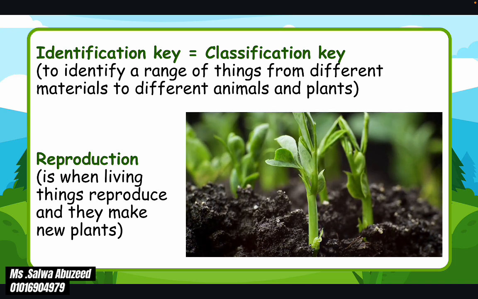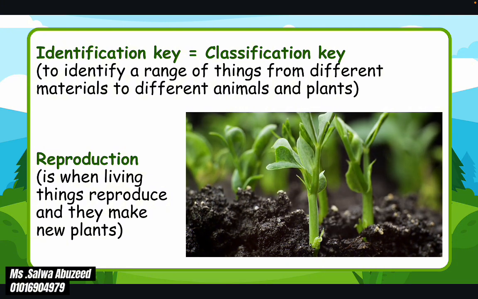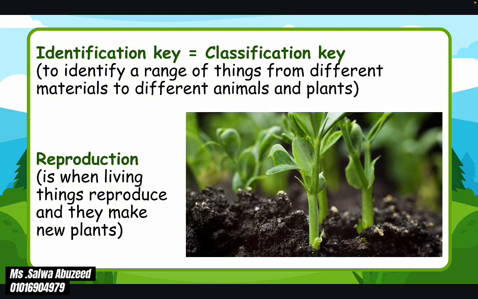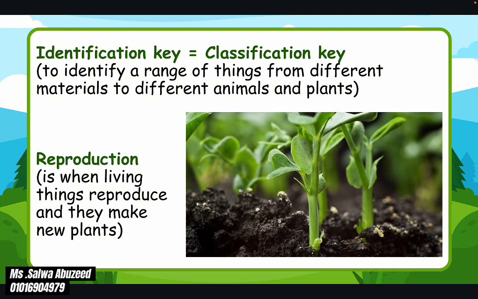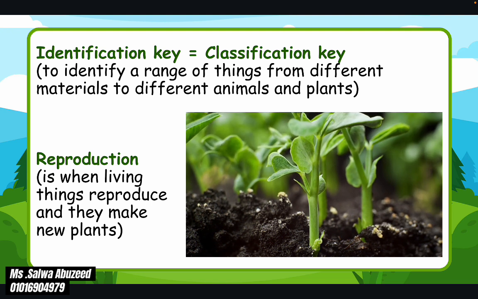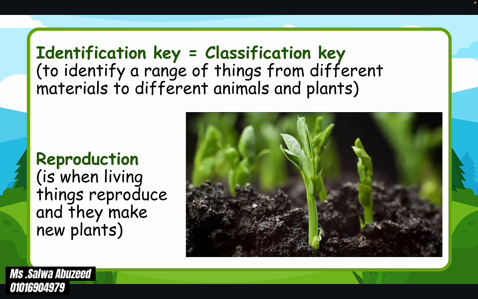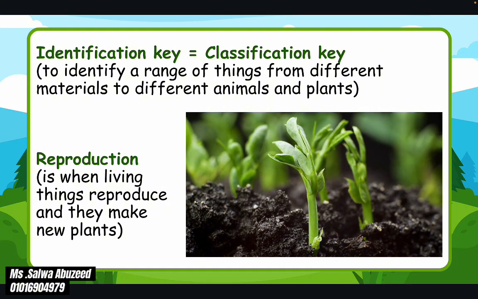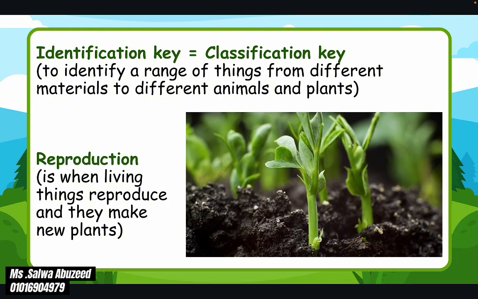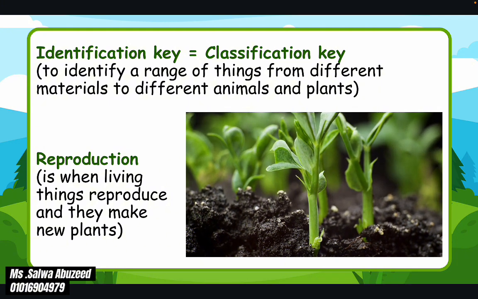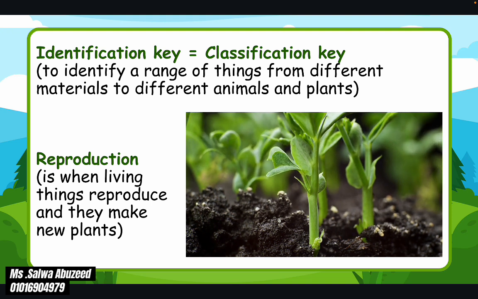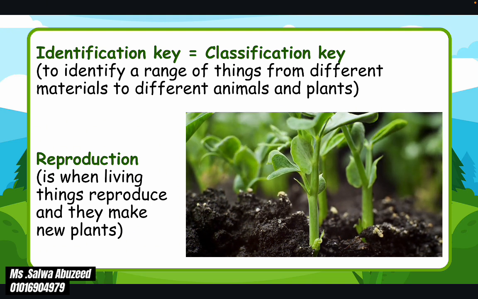So in order to keep living on Earth and for our species to grow bigger and bigger, we need to reproduce, make more of our kind. So we have humans, they reproduce daily. What does that help us with? Humankind stays alive, they don't go extinct.